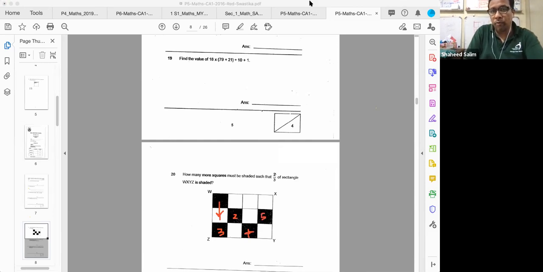Just now, if you remember, we need how many? 8 squares, remember? So which are the squares you need to shade? I will use another color. You need to shade this. You need to shade this. And you need to shade this. So how many more squares? 3 squares.